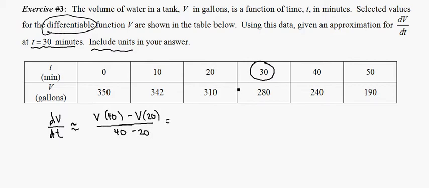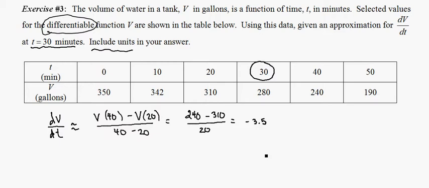So if you do 30 and 40, or 20 and 30, you'll get a different answer. But if I do V of 40 minus V of 20, obviously V of 40 is 240. V of 20 is 310. Make sure you do the subtraction in the right order. I'm going to do this subtraction right now, and simplify this down, we get negative 3.5.